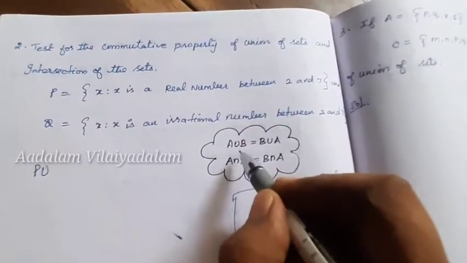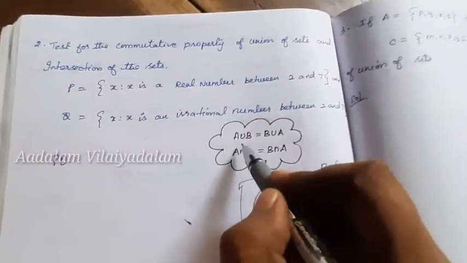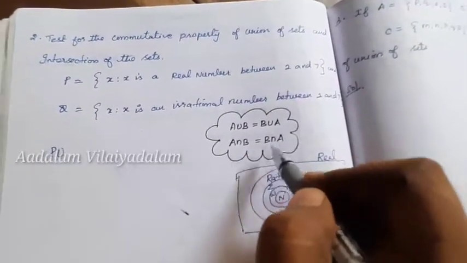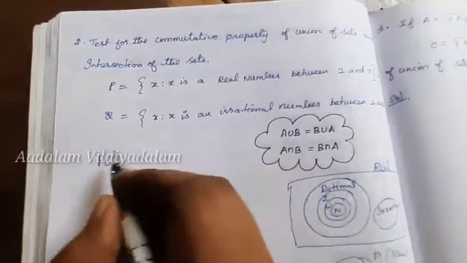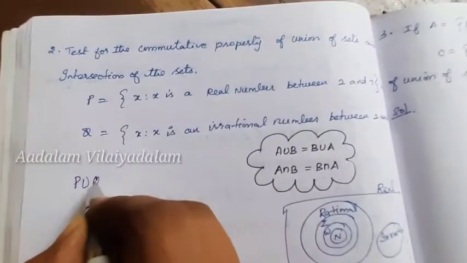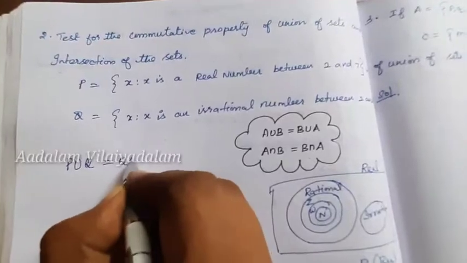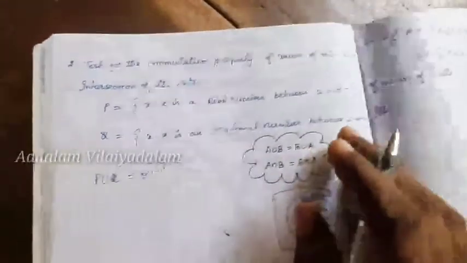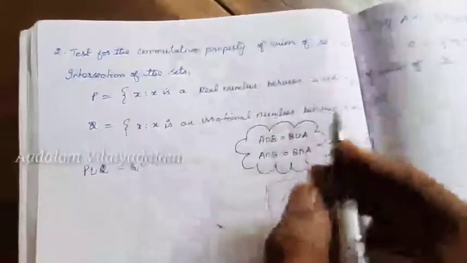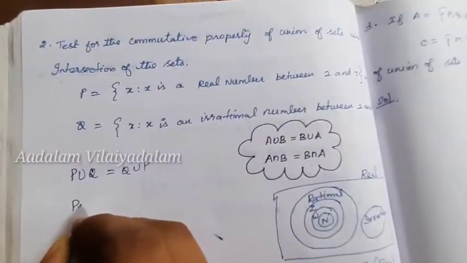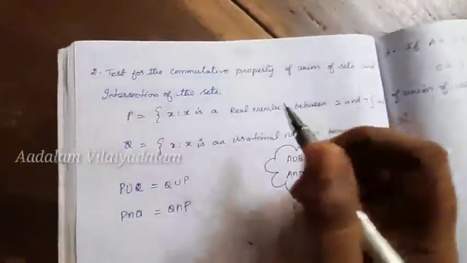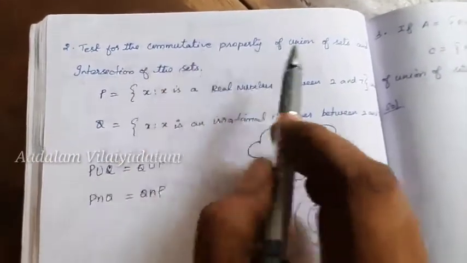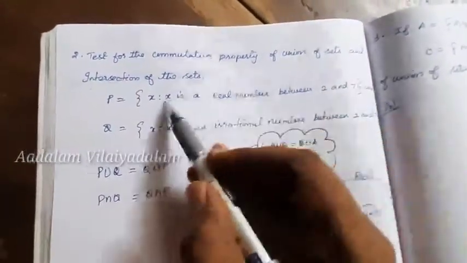We have already seen the formula, that is, A union B equal to B union A, and for the intersection of sets, A intersection B equal to B intersection A. Then we need to prove that P union Q equal to Q union P, and then we have to prove that P intersection Q equal to Q intersection P. So this is what they have asked in the question, test for the commutative property of union of sets and intersection of sets.